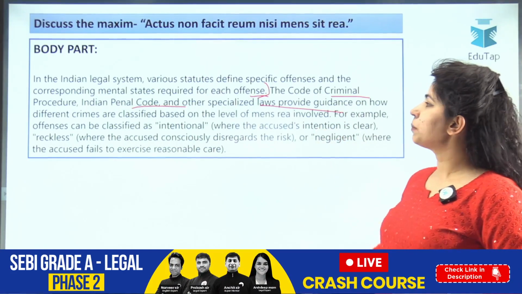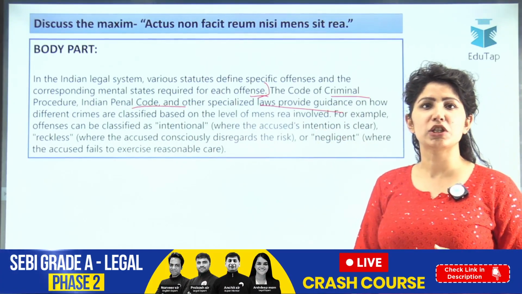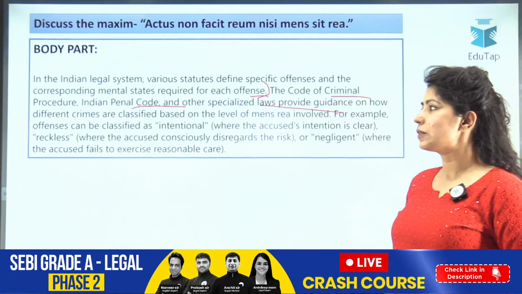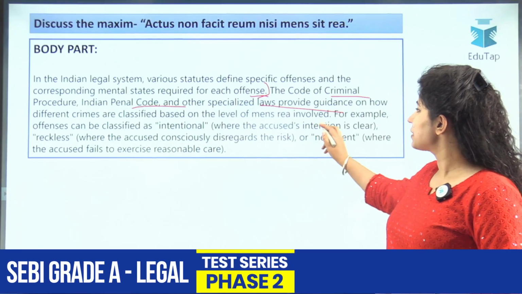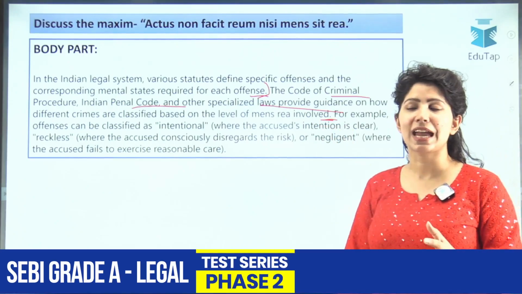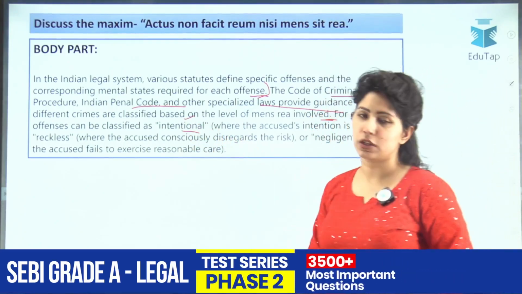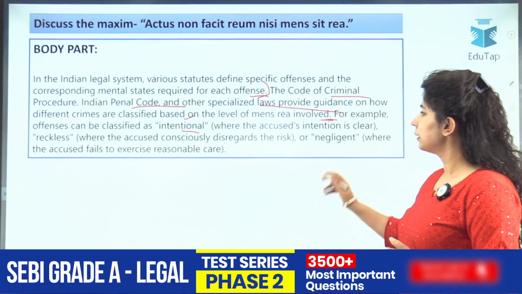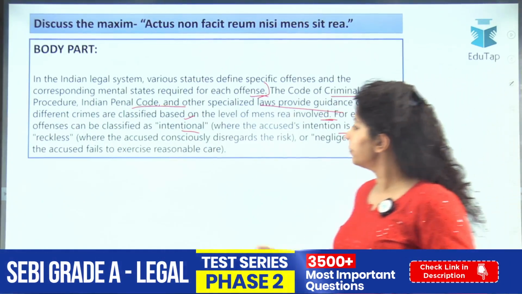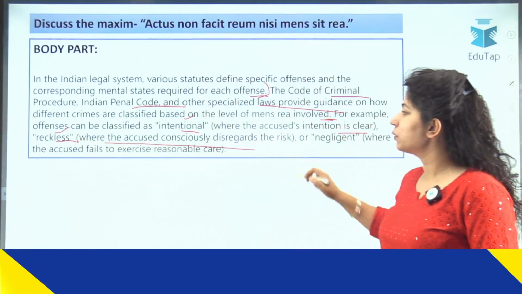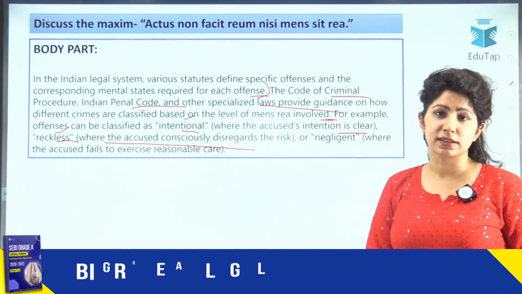So the Code of Criminal Procedure, Indian Penal Code, and other specialized laws provide guidance on how different crimes are classified based on the levels of mens rea involved. For example, offences can be classified as intentional murder, where the accused has clear intention. Second, reckless, where the accused consciously disregards the risk.